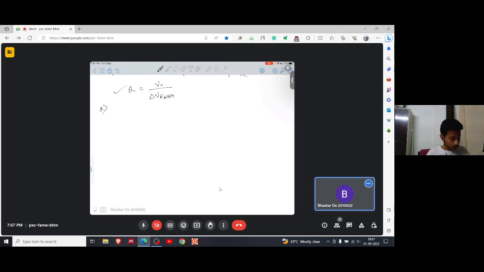So for part A, R equal to 0.9999, F is 3.141 into 10 to the power 4.